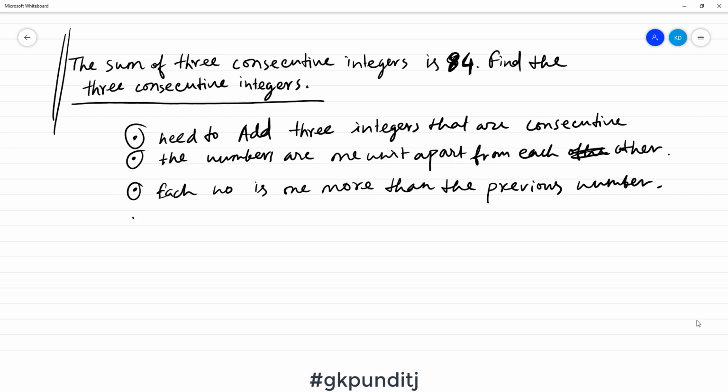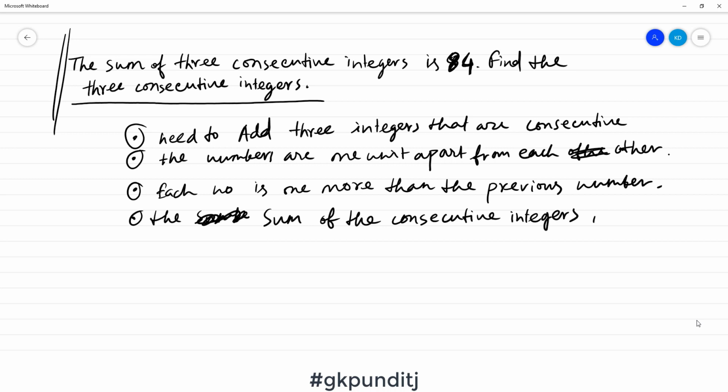And the last one: the sum of the consecutive integers is 84. So that's the information.